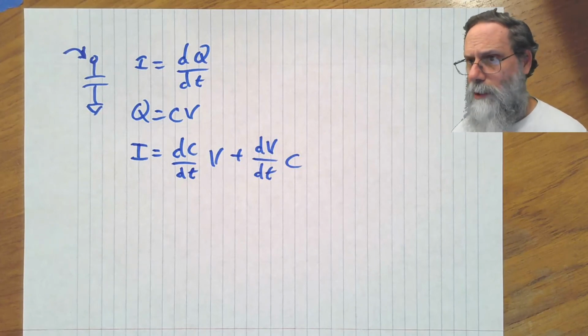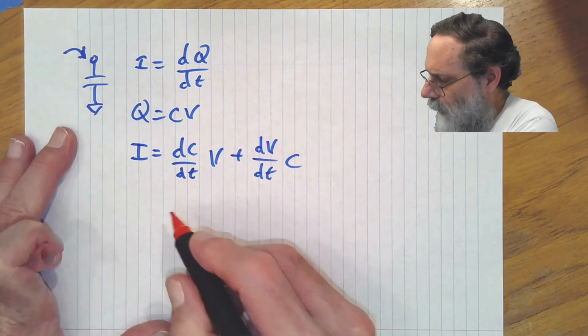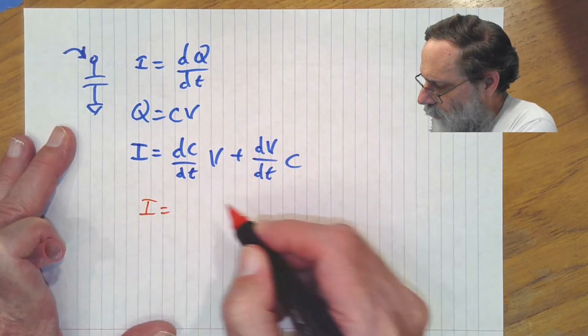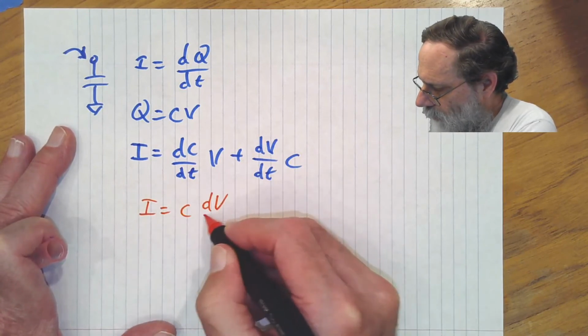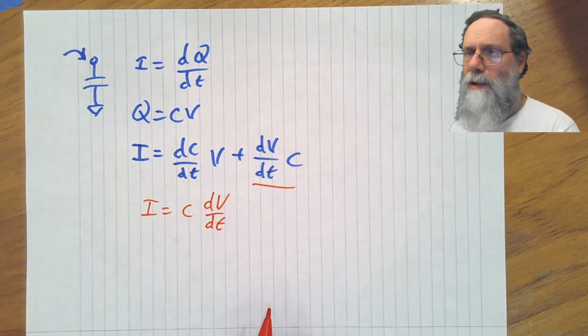But if you look in electronics books, they usually write it a little bit differently. They write I equals C dV/dt. So they're using just the second term here.